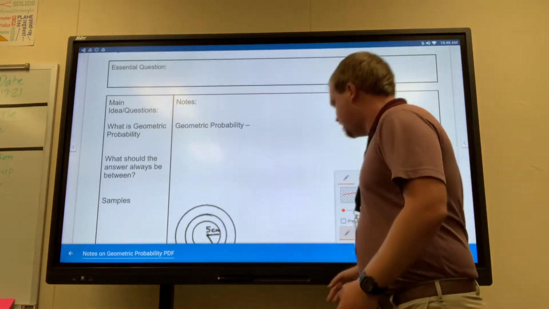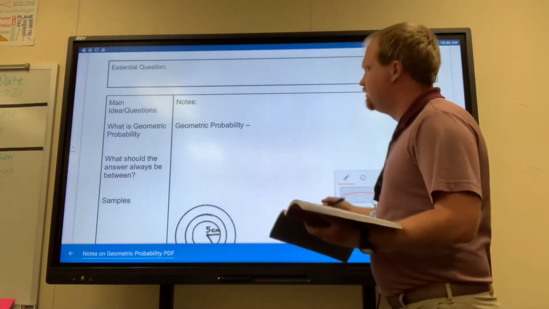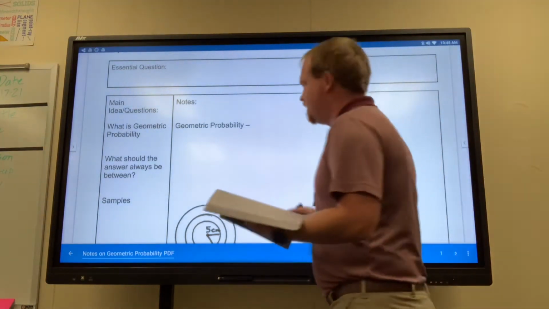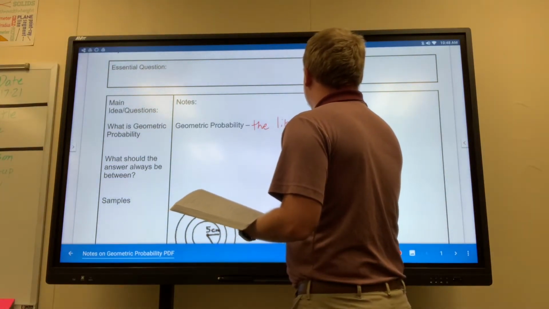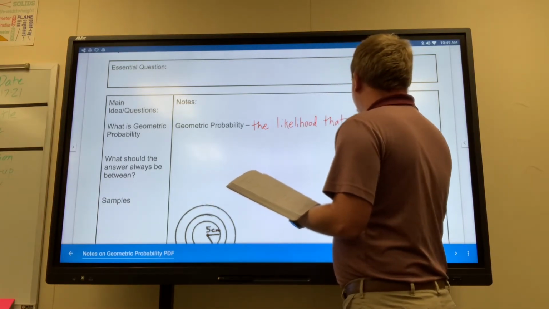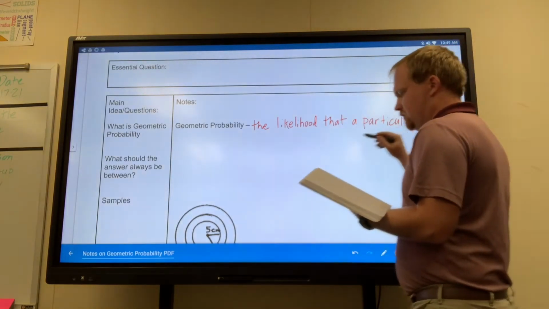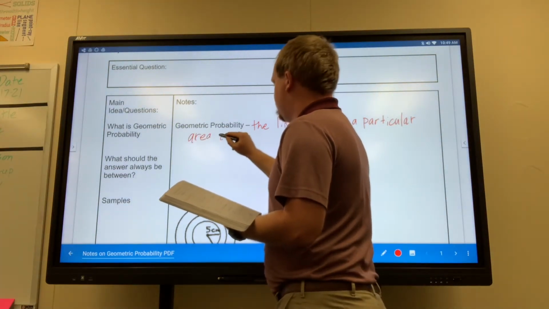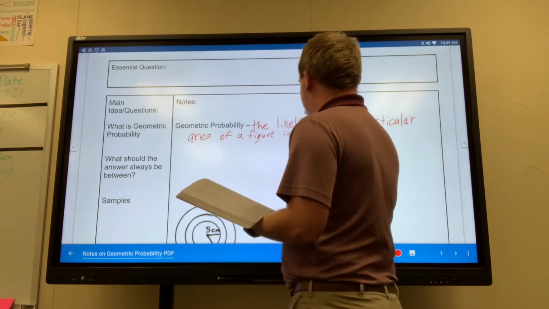So today we're going to be talking about geometric probability. Now, I want to figure out the definition of it, and of course, we just talked about it. It's the likelihood that a particular area of a figure is selected.